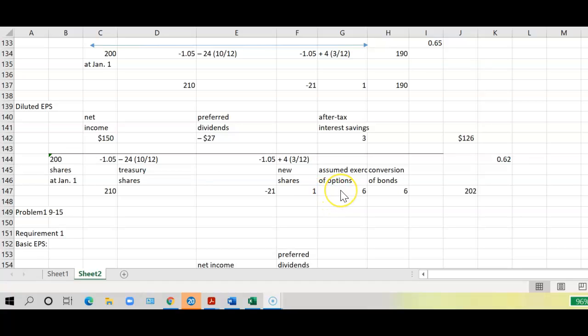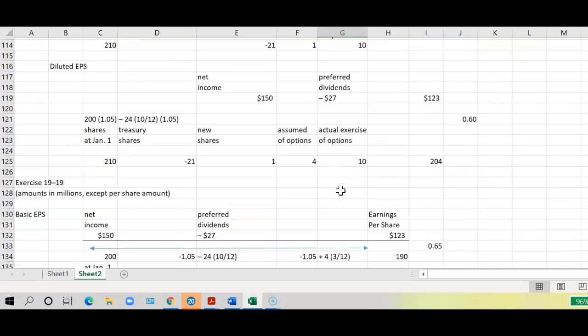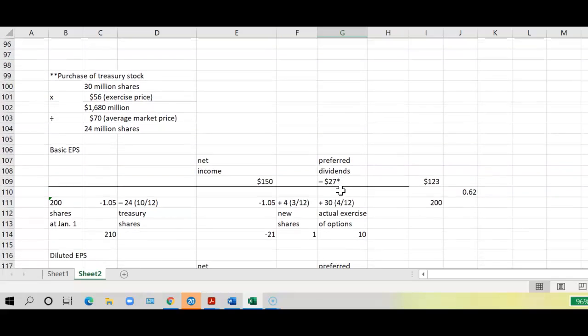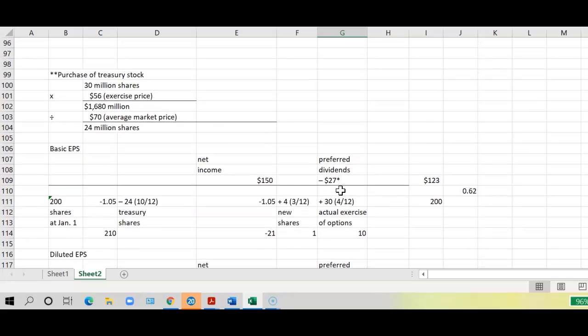Now, the assumption of the exercise of the options. And we can go back to a problem that we recently did to just review the purchase of treasury stock. They used this process where they would take the money they received from the exercise of the options. There were 30 million shares that could be purchased with the stock options, and they could be purchased for $56. So that gave them $1,680 million.